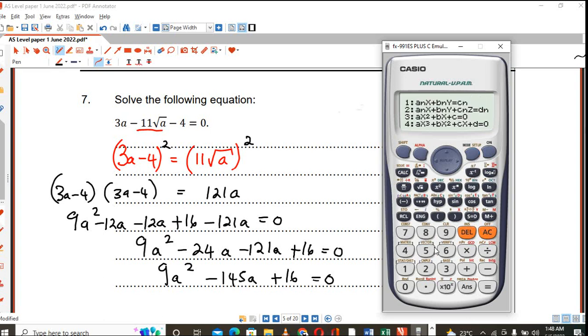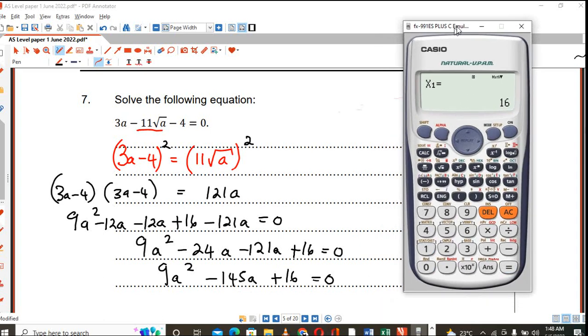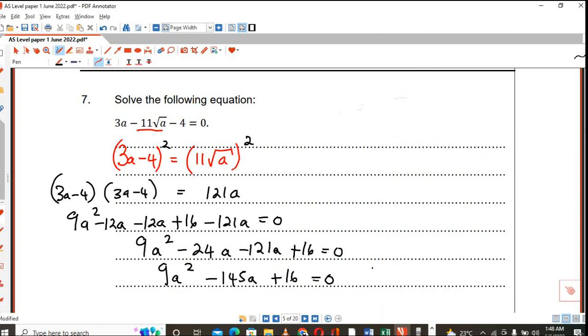I'm going to use a shortcut, but remember, you are going to use a quadratic equation formula in order for you to find the unknown values, right? You are not to use this type of calculator in the exam. All right, so my two answers, I have a equals to 16 or a equals to 1 over 9. Okay, so this is what the value of a is.